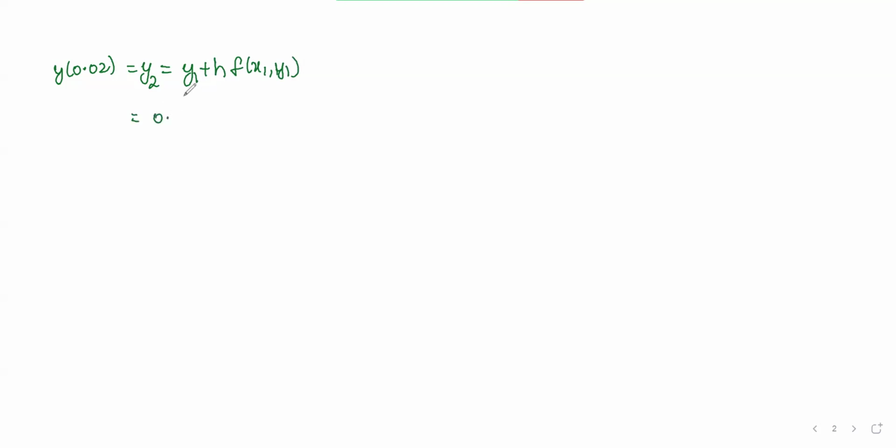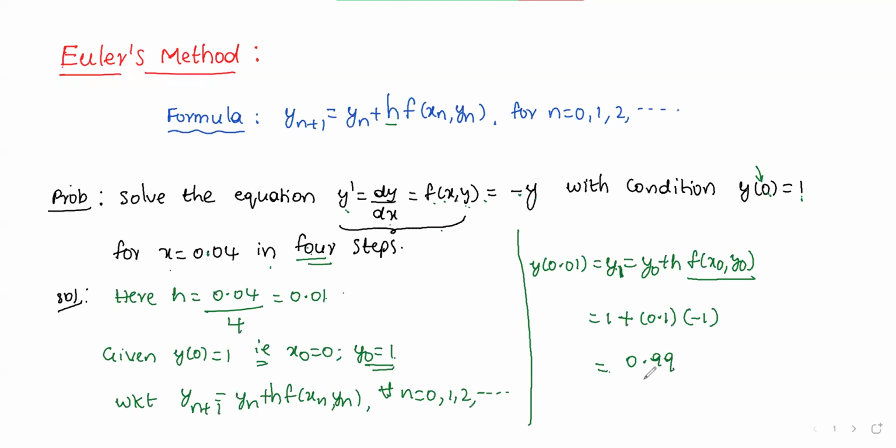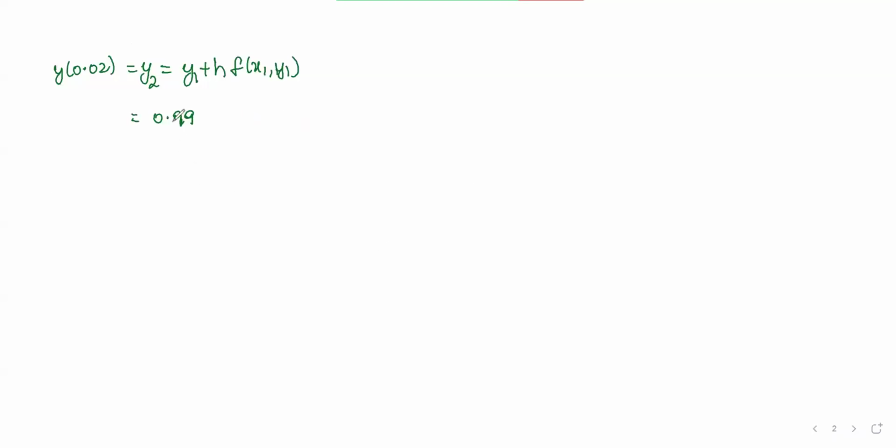Y1 means 0.99, just now we received the value. 0.99 plus h, 0.01, into f of x1 comma y1, which is minus y1, that is minus 0.99. Finally we get the answer 0.9801. Calculate with the calculator, we get 0.9801.